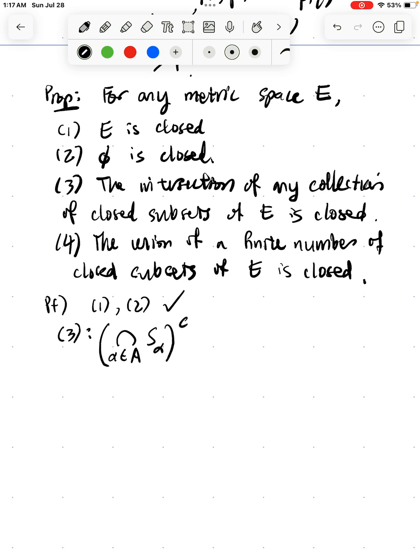We know that the complement of this is equal to the union of the complements.